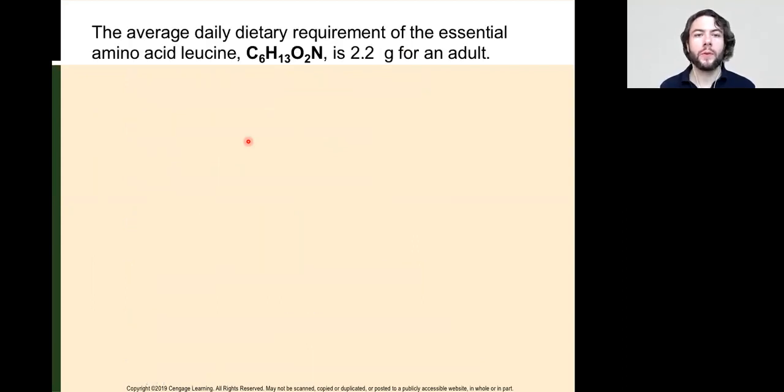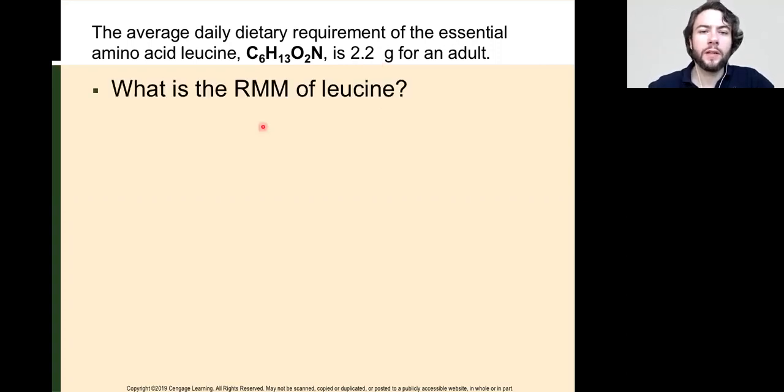Okay, so leucine is an amino acid. It's an essential daily dietary requirement for adults. It has this formula here, and 2.2 grams is necessary per day. So we're asked what is the relative molecular mass of leucine. In order to get that, we have 6 carbons, 13 hydrogens, 2 oxygens, and 1 nitrogen.